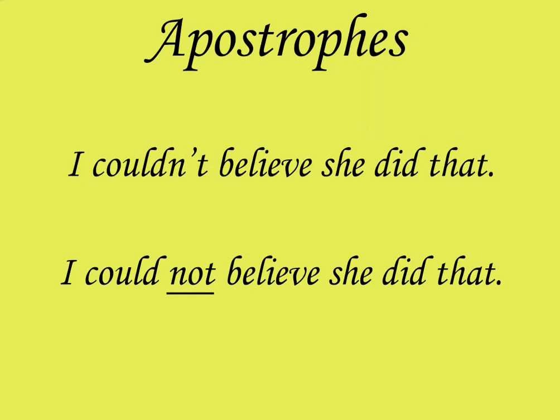In your writing, you can make a decision on whether you will use a contracted form or not. This can have an impact on the emphasis of your sentence. So let's have a look at these two examples. I couldn't believe she did that. I could not believe she did that. There's a real difference. I know I've underlined to add emphasis to it, but when we leave our words uncontracted, leave them in two separate words, often there's more of the emphasis on the negative, especially with the not here.